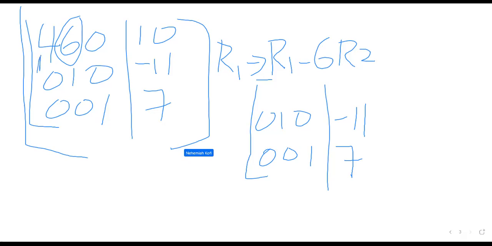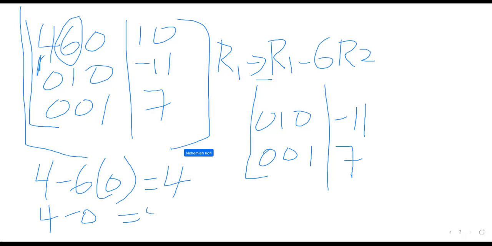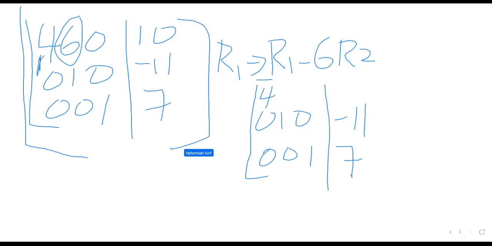So working from this side, 4 minus 6 times 0, and the answer is 4, because the 6 here will tend to 0. So it's equal to 4. So the 4 comes here.